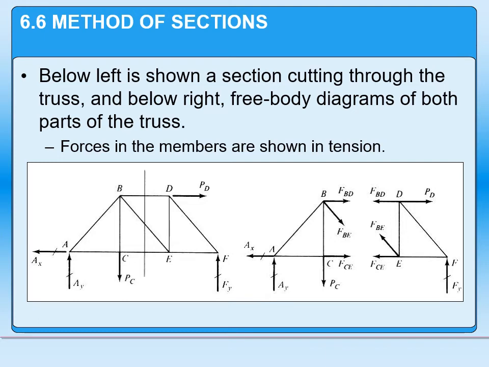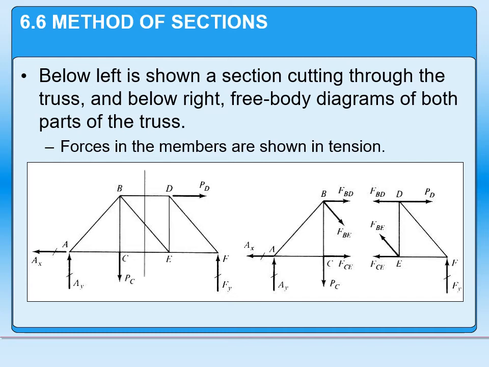Much like method of joints, we're going to assume that the forces are all in tension, right? So we see F BD pulling on point B, pulling on point D, F BE pulling on point B, pulling up on point E. Does that mean all the forces are in tension? Well, the fact is, we don't know at this point.